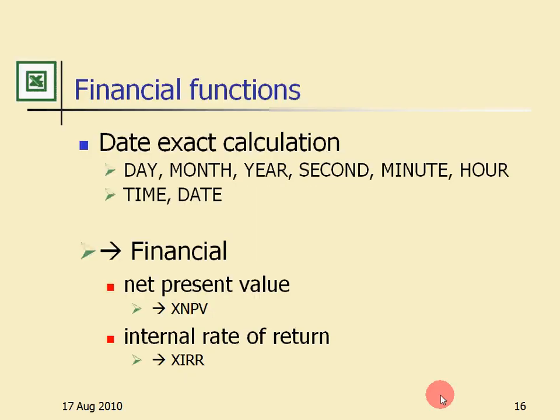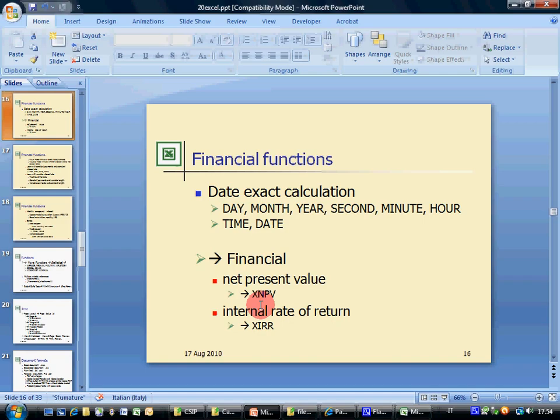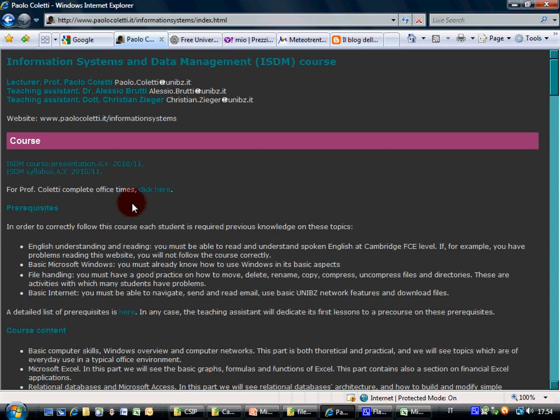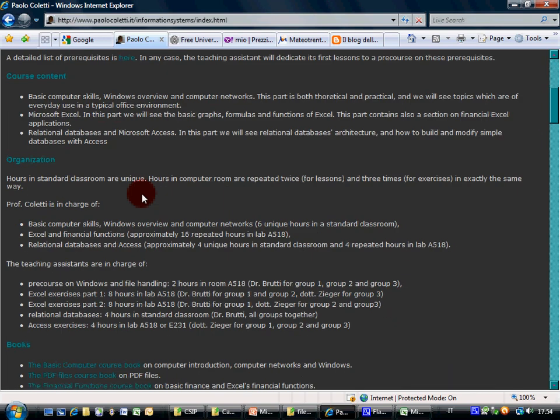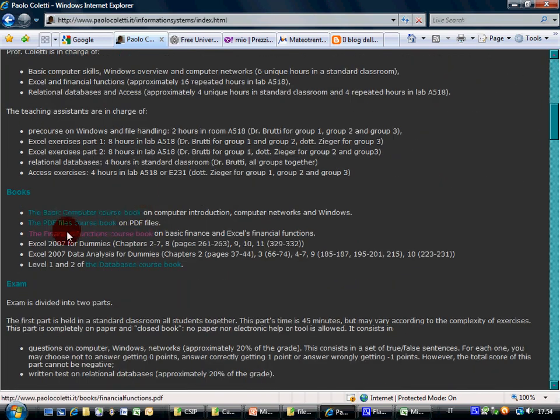Okay, now we switch to financial functions. In order to understand financial functions, you should stop listening to the video and study the book. There's a specific book on financial functions, this one. This is the website of the course. The financial function course book.